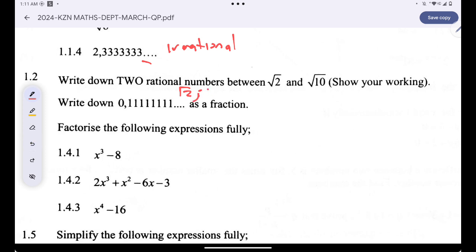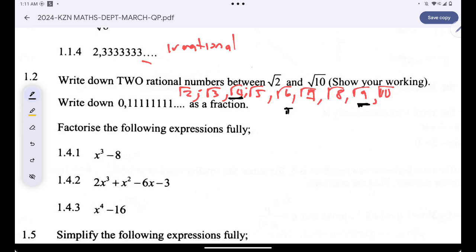There's the square root of 2, and then we have the square root of 3, square root of 4, square root of 5, square root of 6, 7, 8, 9, the square root of 10. Okay, in between these numbers there are two rational numbers. Which ones are those? I will highlight them in black. The square root of 4 and the square root of 9.